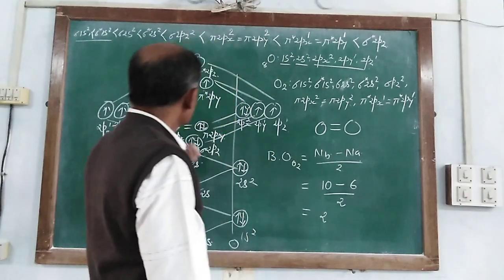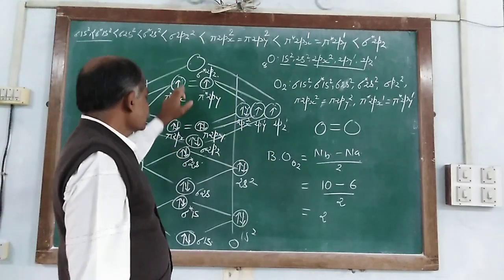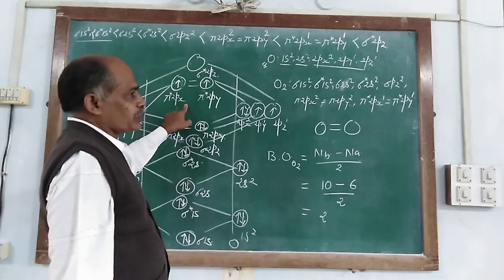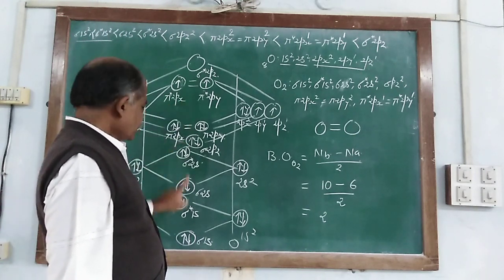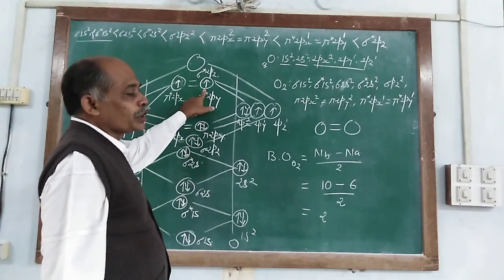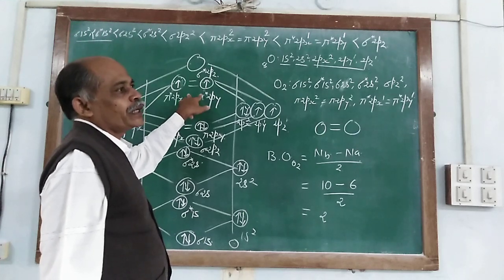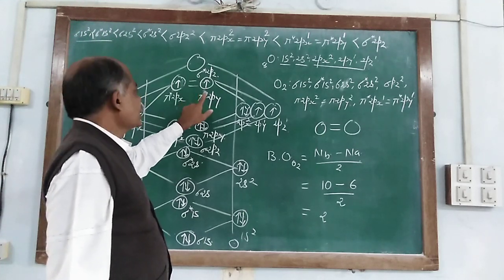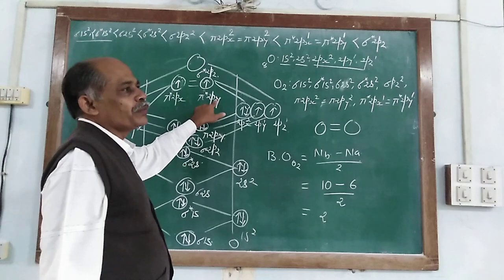Now its magnetic properties. According to molecular orbital theory, there are 2 unpaired electrons accommodated in the antibonding molecular orbitals.